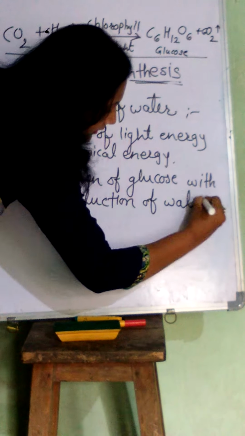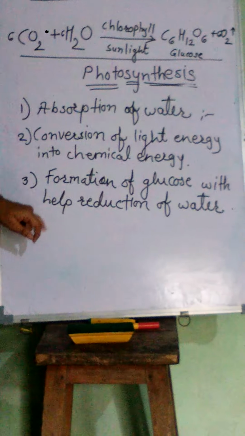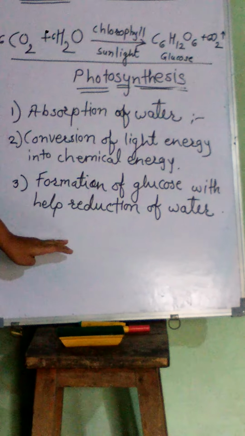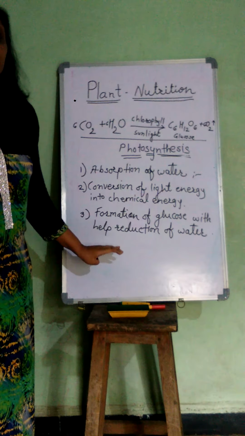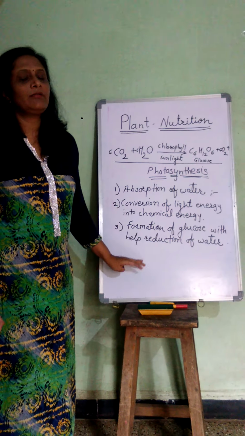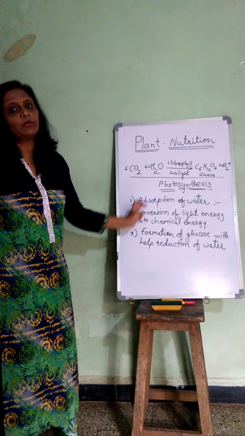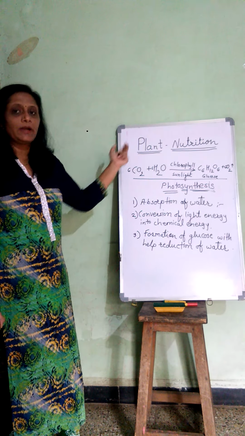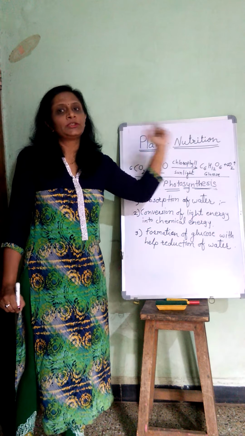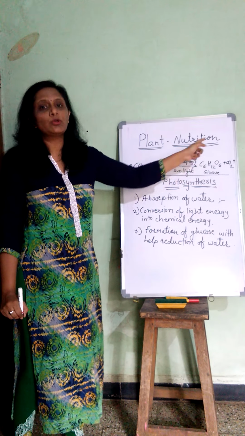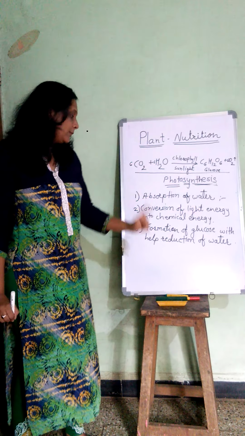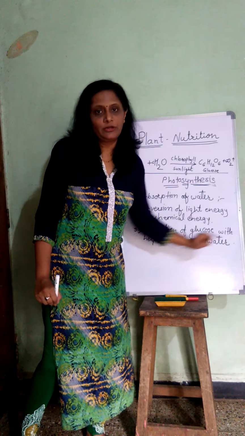So this is a very important step in the process of photosynthesis, which we haven't seen up till now. Up till your 9th standard, we have not learned this step. Only we know that there is conversion of the carbon dioxide and the water into glucose. But how actually the glucose molecule is formed is by reduction of water molecule.